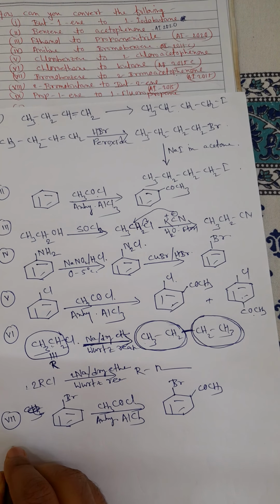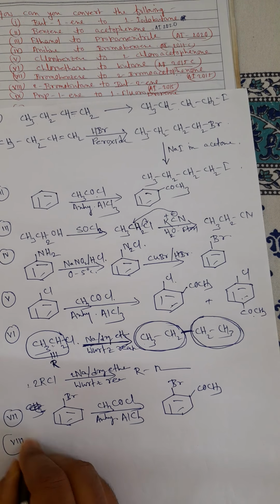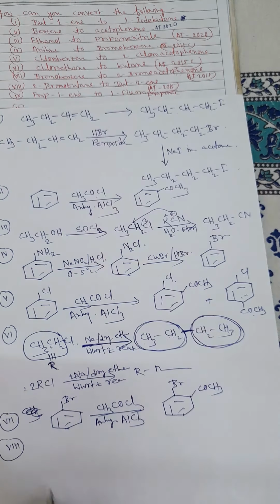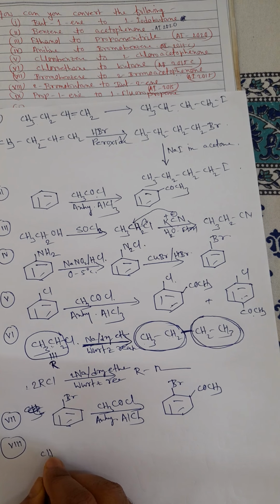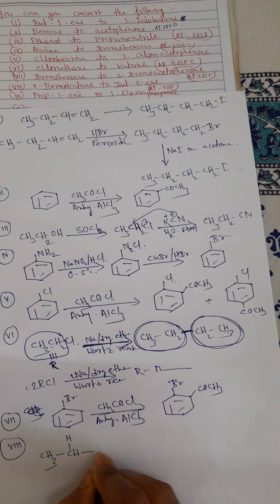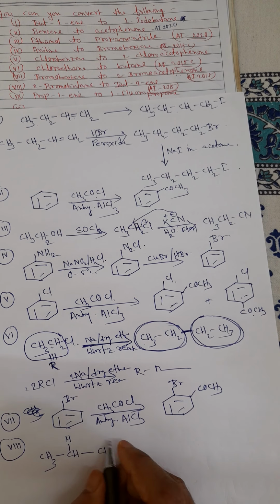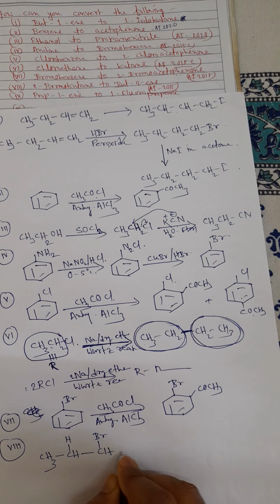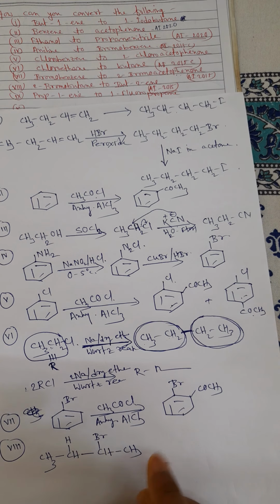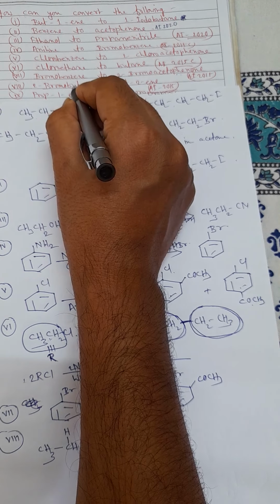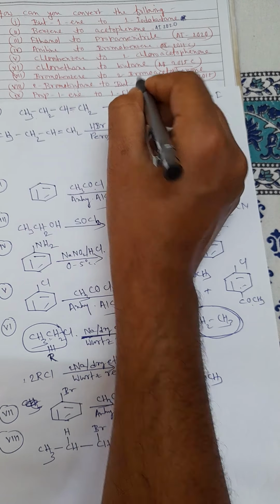Now the next one is question number 8. 2-bromobutane to but-2-ene. 2-bromobutane is CH3-CH2-CHBr-CH3. We have to convert 2-bromobutane into but-2-ene.